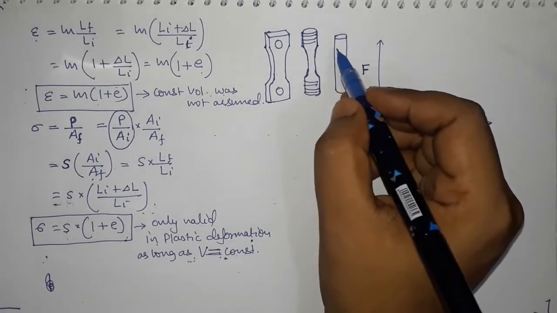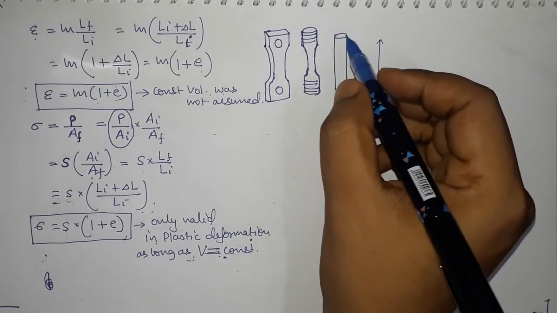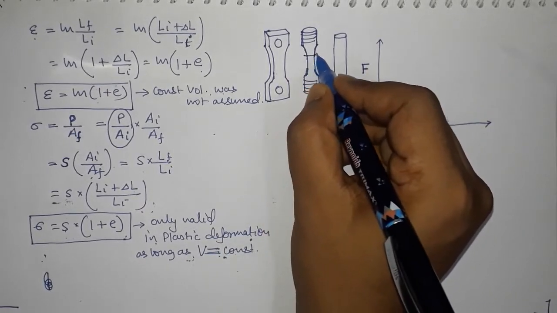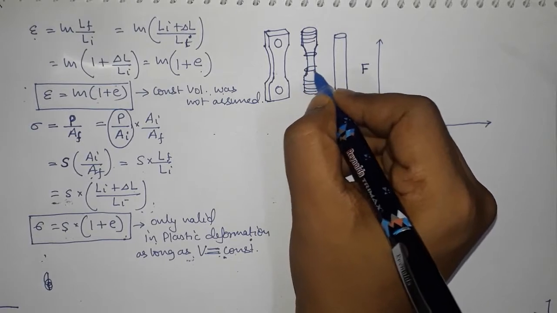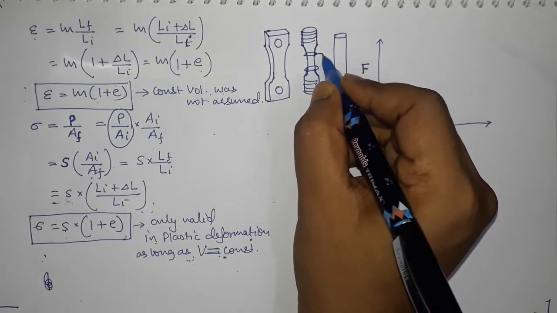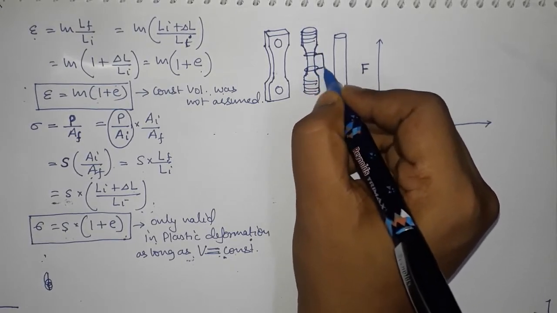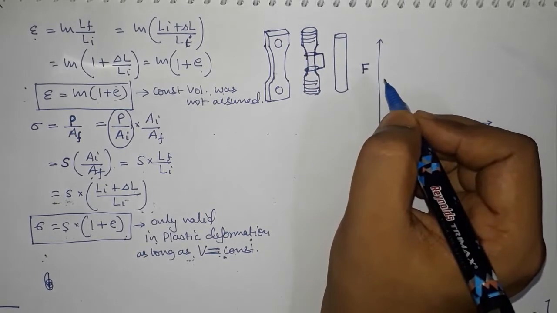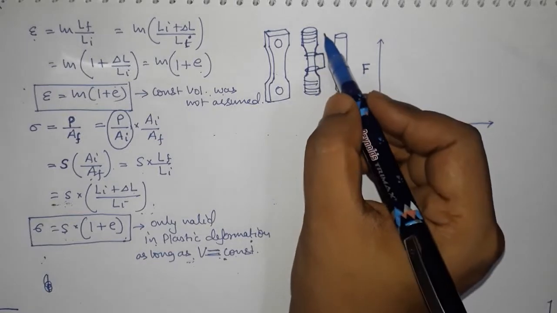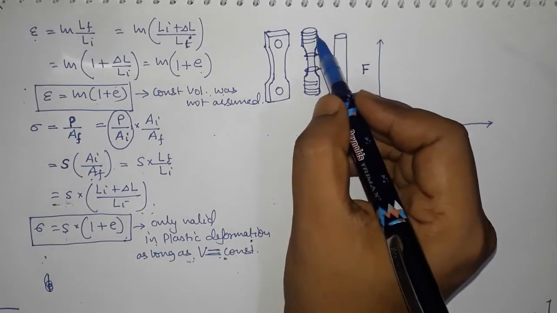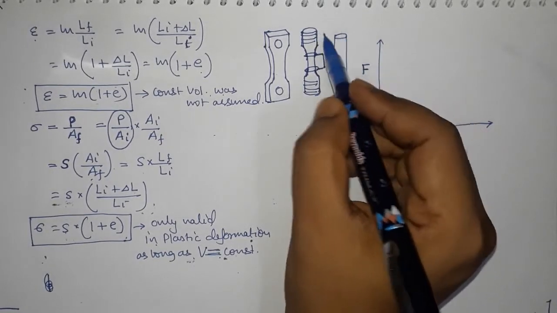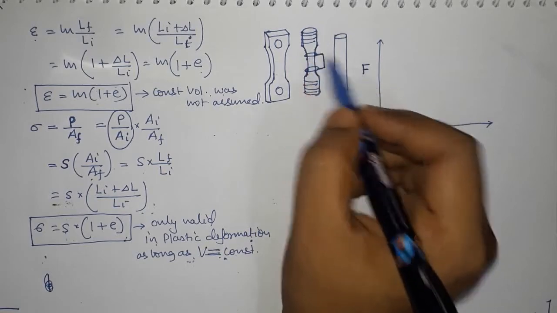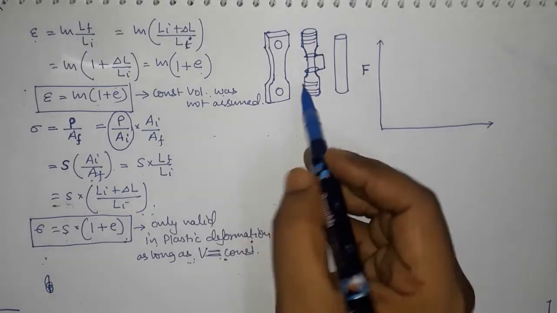So what you actually can measure, one possibility is that you put the strain gauge here and here. It's a kind of gauge which measures the distance between these 2 points, or the machine can measure the amount by which the upper frame, if you remember.